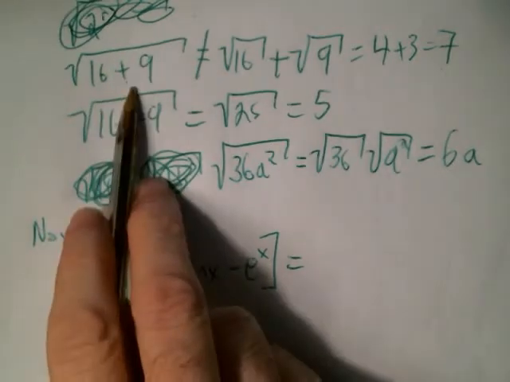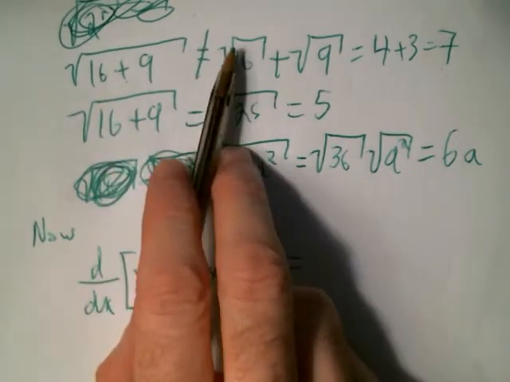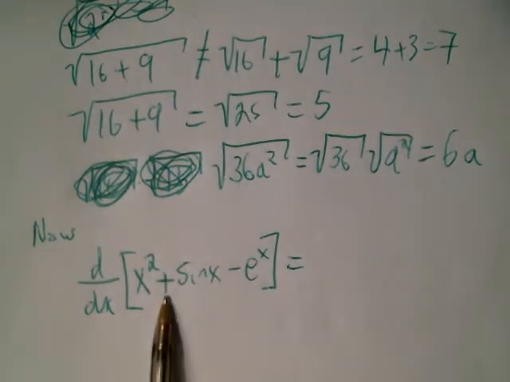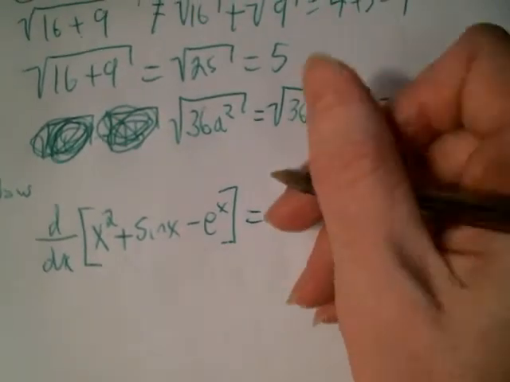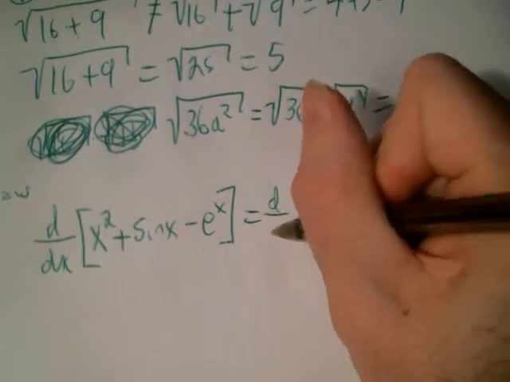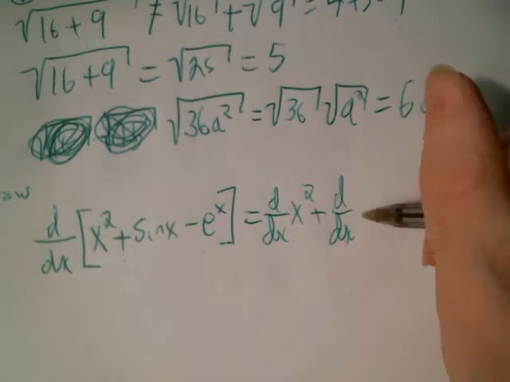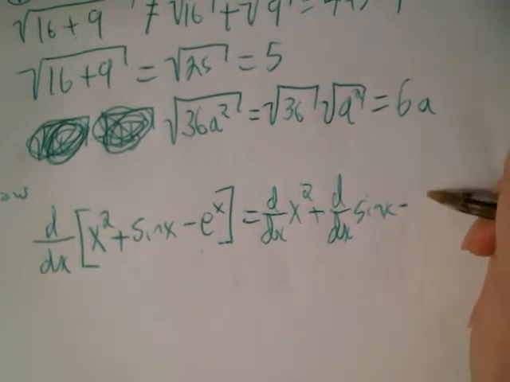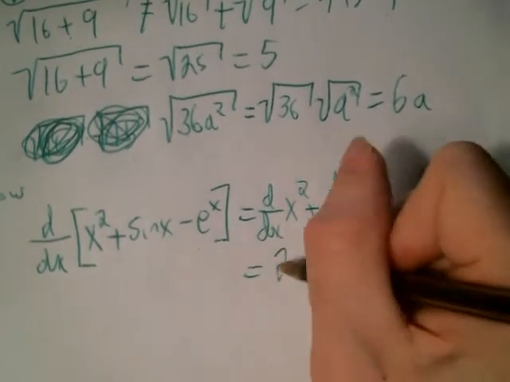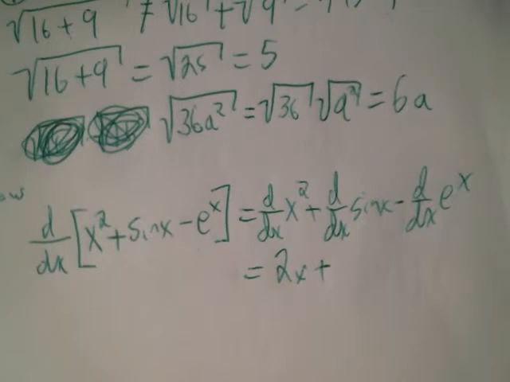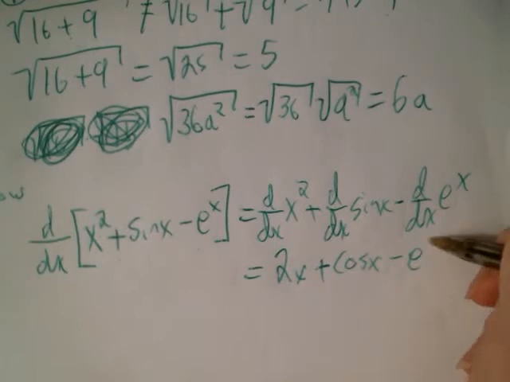Now this is completely different than the square root of a sum not being equal to the sum of the square roots. Here, the derivative of a sum is equal to the sum of the derivatives. So it's just equal to the derivative with respect to x of x squared plus the derivative with respect to x of sine x minus the derivative with respect to x of e to the x. Okay, certainly that's equal to 2x. What's the derivative of sine? Well, that's cosine. And then the derivative of e to the x, it's always e to the x, right?